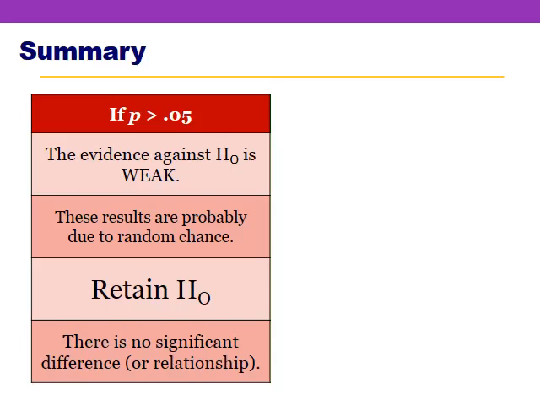That tells us that the evidence against the null hypothesis, in other words, the evidence of a difference or relationship, is weak. So these results are probably just due to random chance, right? Drawing 2 red cards in a row just by dumb luck is not a big deal. So we are going to retain the null hypothesis in that case, and we are going to conclude that there is no significant difference or no significant relationship.